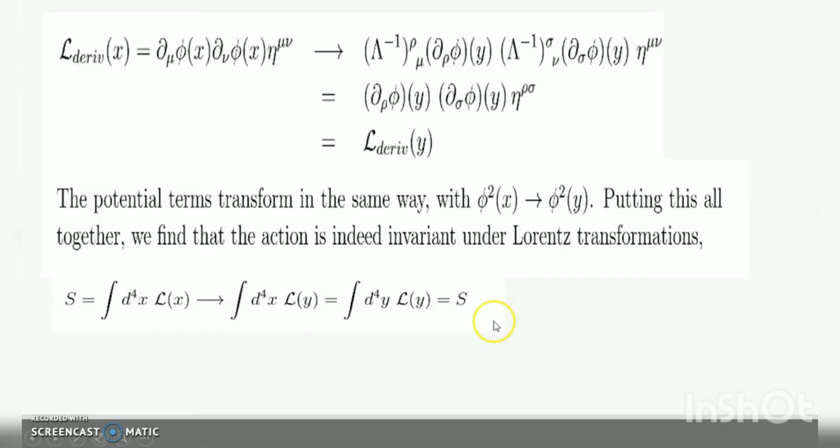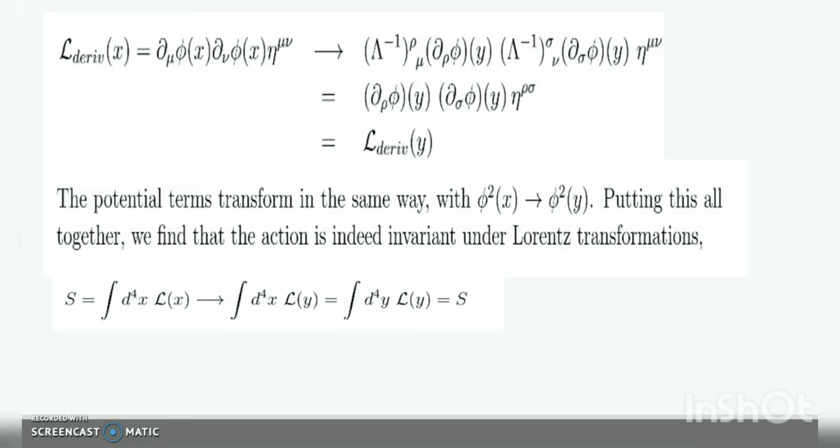S equals the integral of d^4x L, which is the integral of d^4y L, which is equal to S. In the last step we need the fact that we don't pick up a Jacobian factor when we change integration variables from d^4x to d^4y.